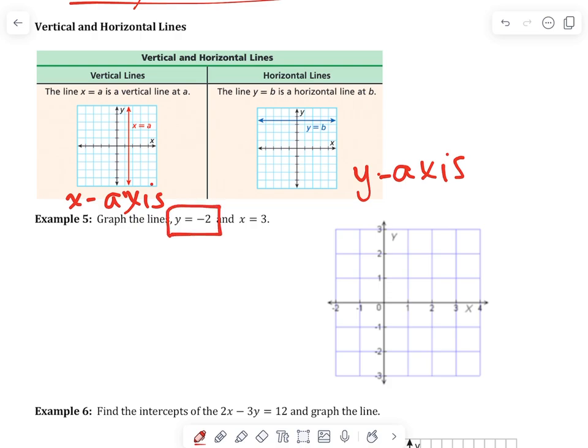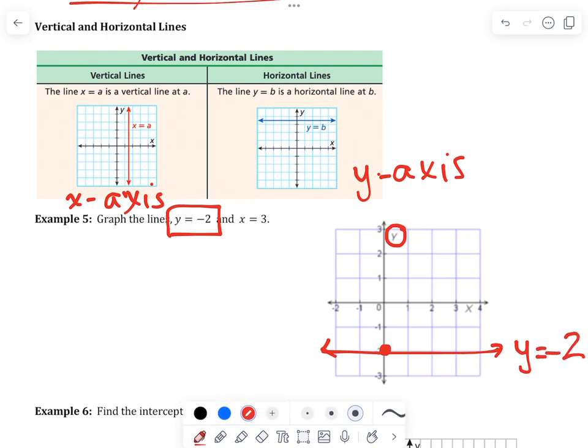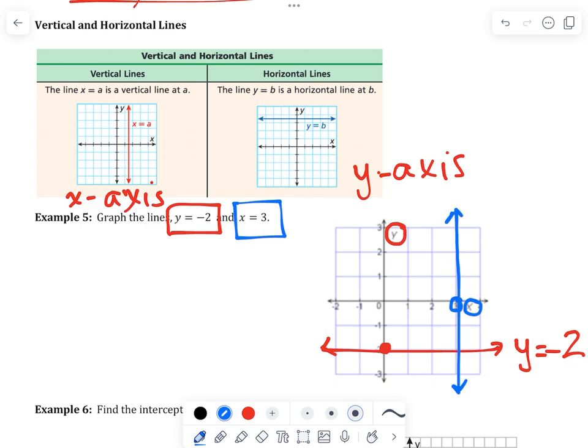So you go on the y-axis, so here's our y-axis, and then you go down to -2, and then you graph that horizontal line. And then let's just mark that y equals -2. The second one is going to be a vertical line. We go on the x-axis to 3, and we create that vertical line, and then we identify it as x equals 3.